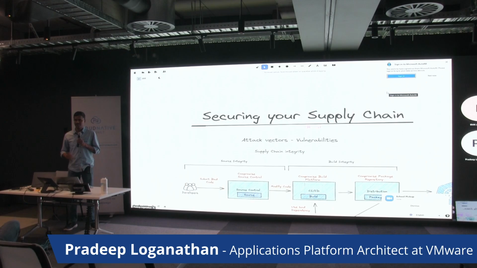How many folks here use supply chains as developers or engineers? 1, 2. Okay. So that's cool. How many people here are from a DevSecOps background, wherein your primary role is securing supply chains? Okay, cool.